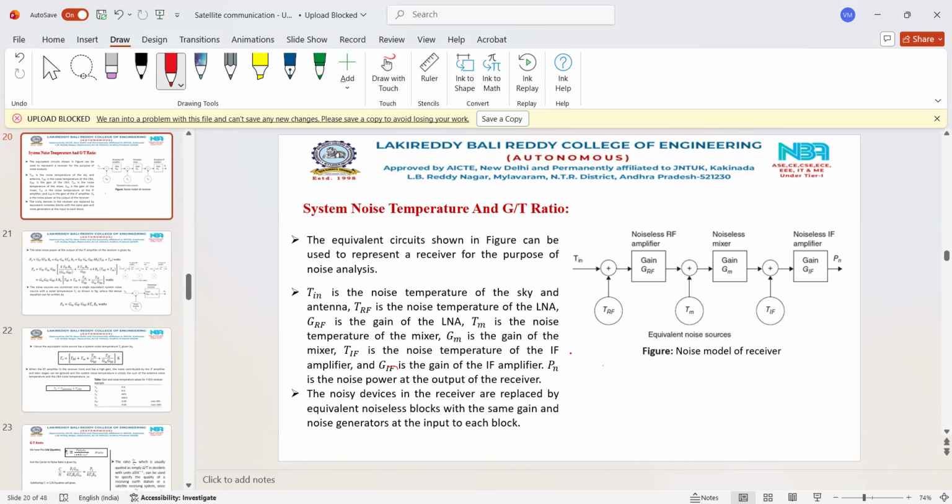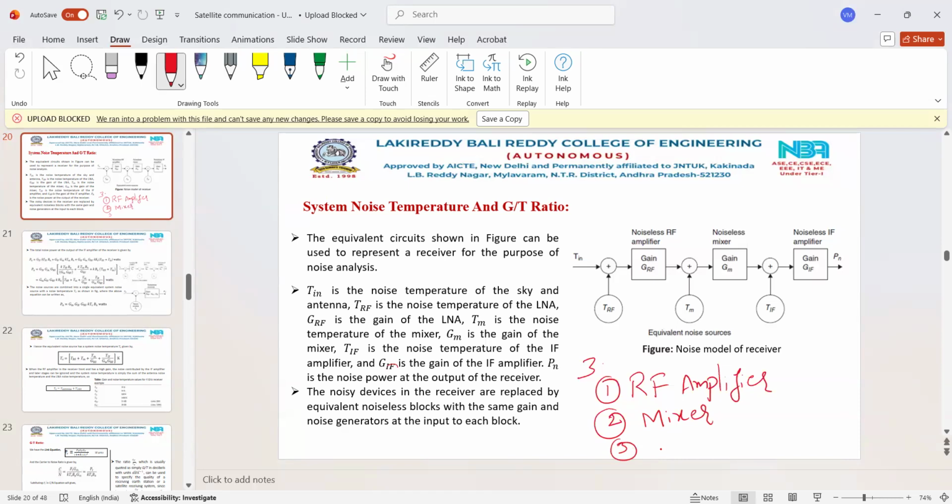In our previous classes, we already learned about the superheterodyne receiver. It consists of three main parts. First, the RF amplifier section. Second, a mixer.